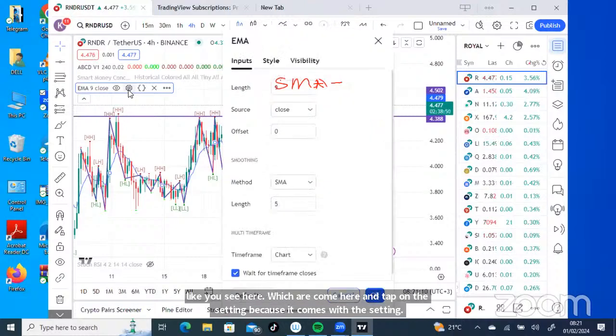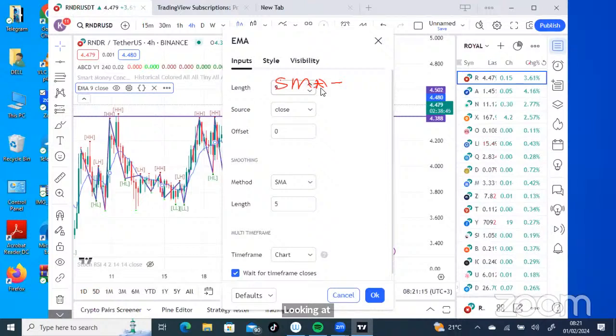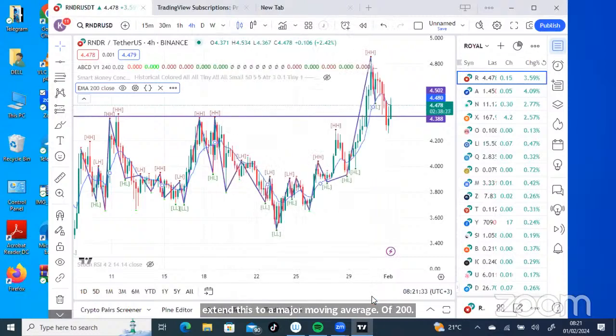Looking at previous 9 data days, we are going to now extend this to a major moving average of 200. This moving average, if you can have it every time you trade, ladies and gentlemen, it will always predict the movement of the market.